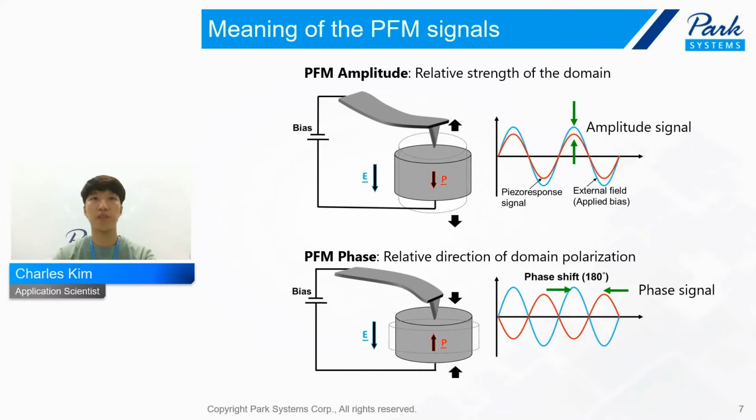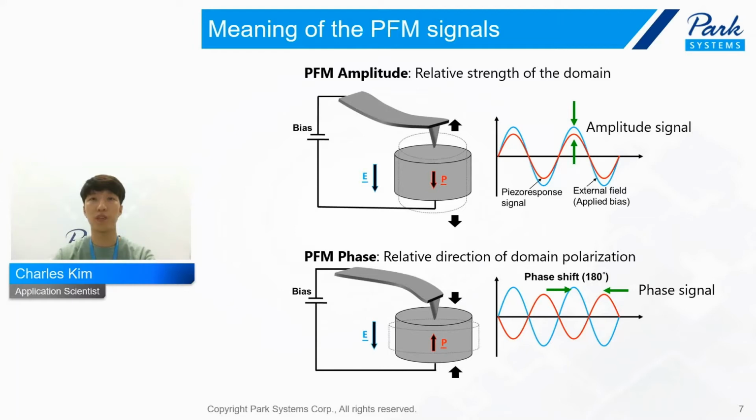And the second one is the PFM phase. The PFM phase is detecting the phase shift between the excitation signal which we apply on the sample and the signal from the PSPD, the photo detector. So if you see that phase difference between the applying and the detecting signal, then we can guess the polarization of that point.